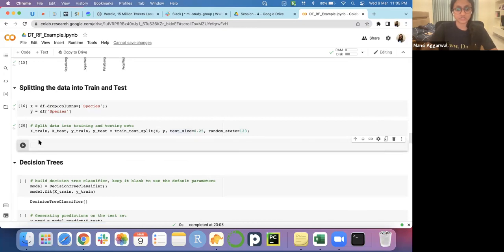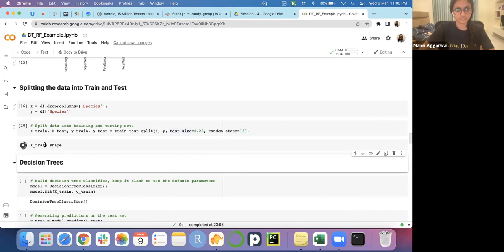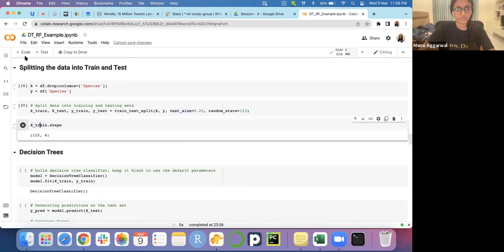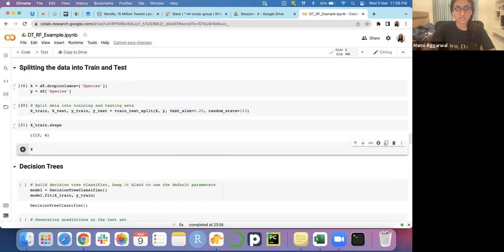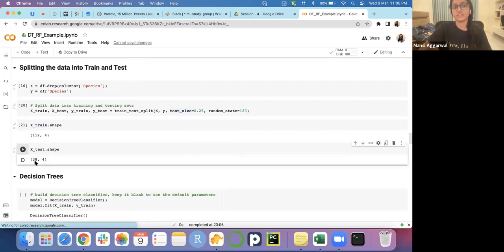You can check it this way. 75% and 25% of 150 is 112 and 38 respectively. So that is our train test shape now.